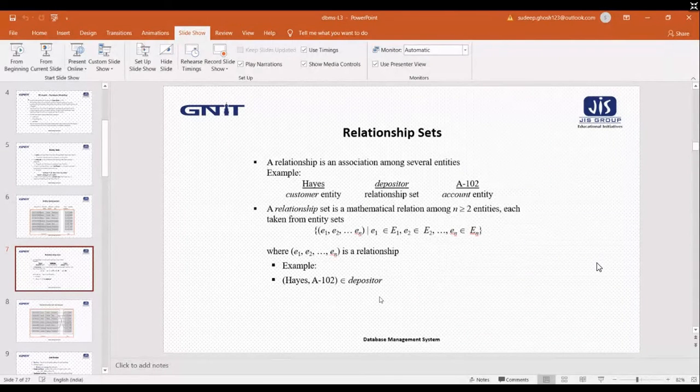So when we are making the table for depositor, obviously we have to keep there the name of Hayes, or the name of the customer who is holding the account A102. Okay, so that is the depositor relationship, consisting of the customer name and account number.